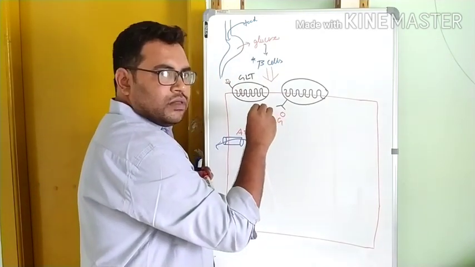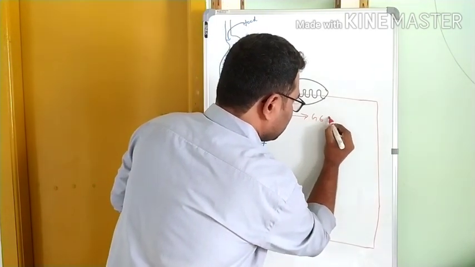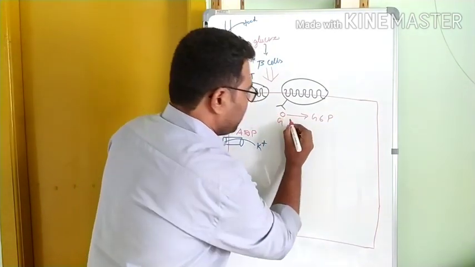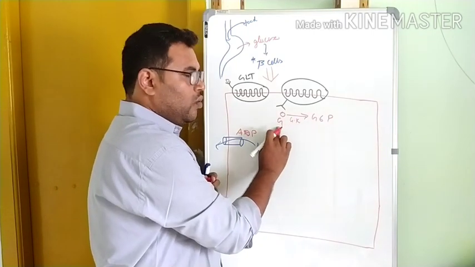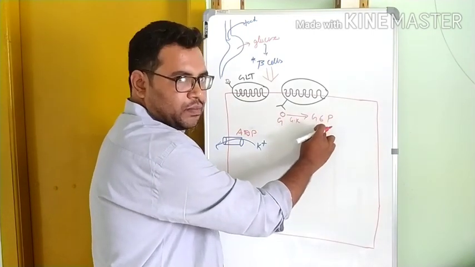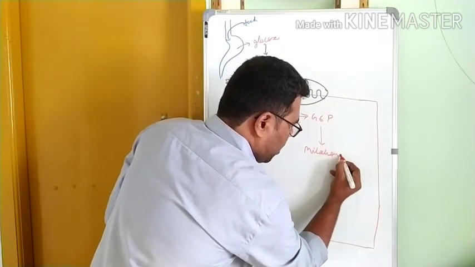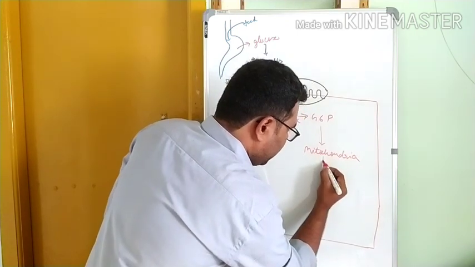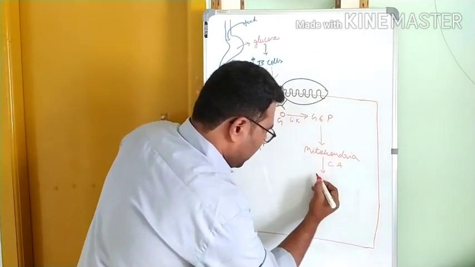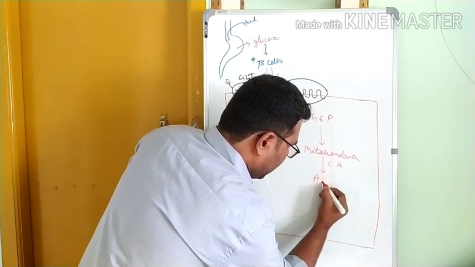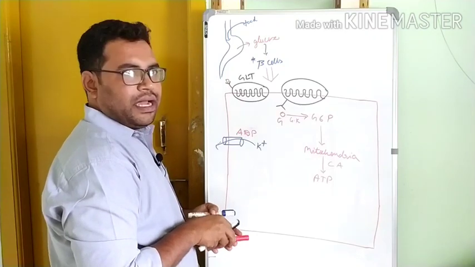After entering this cell, this glucose will be converted into glucose 6 phosphate with the help of the enzyme glucokinase. This glucose 6 phosphate goes to the mitochondria, where it goes through the citric acid cycle and forms ATP. These are the energy molecules utilized by the cell.